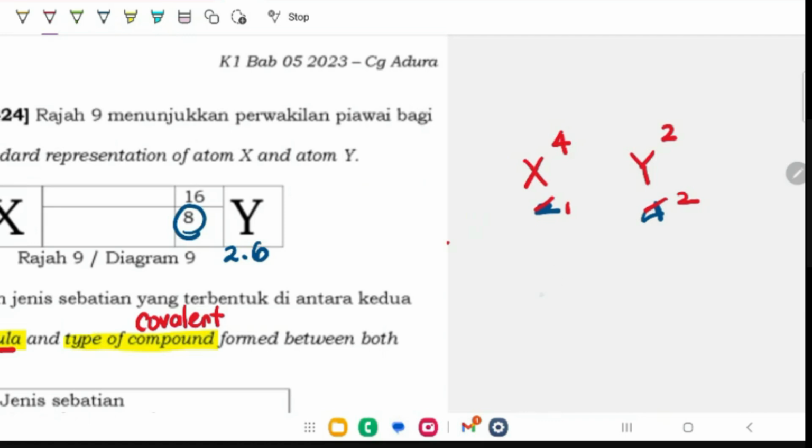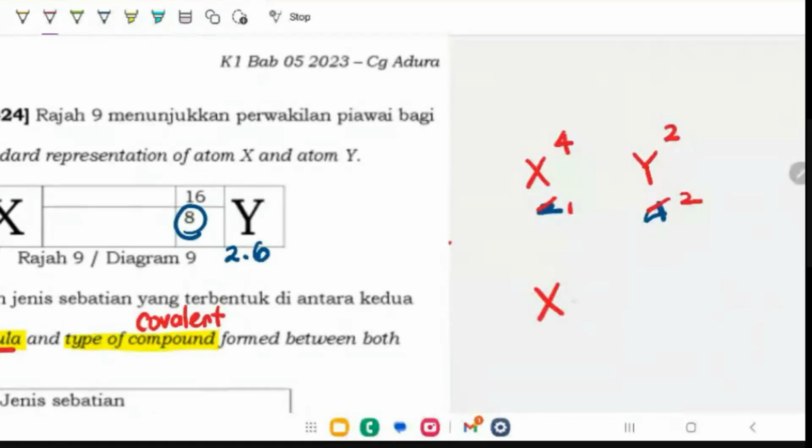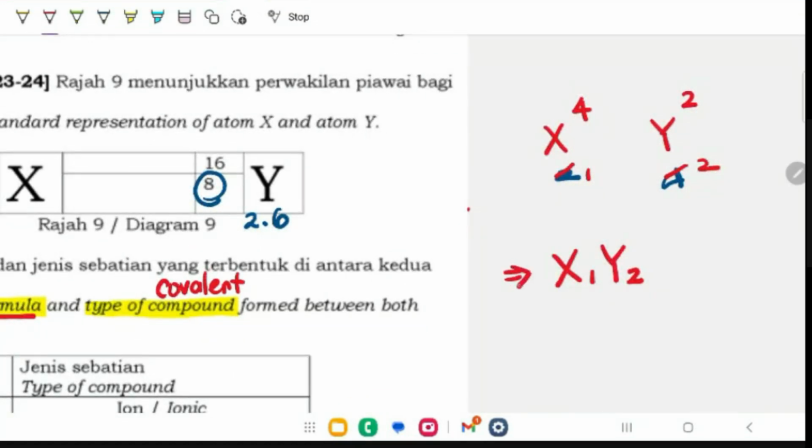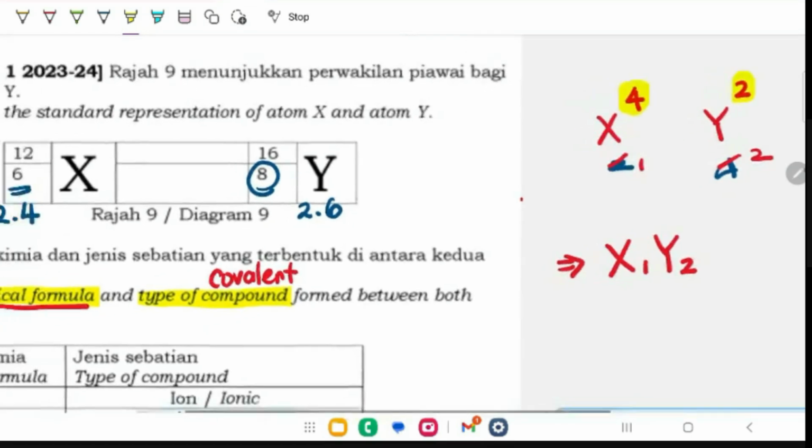So it should be X 1, Y 2. Okay, any question? This one becomes the formula. Can or not? This one is not the charge. This one is the electrons that need to be shared so that they will achieve octet electron arrangement.